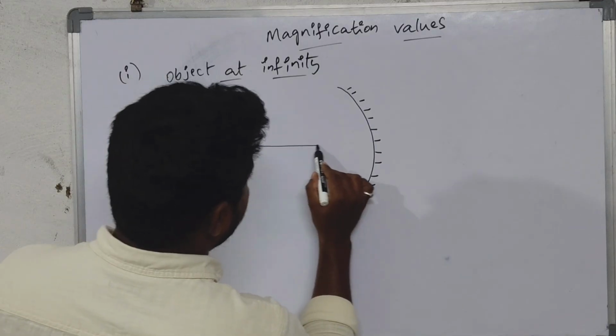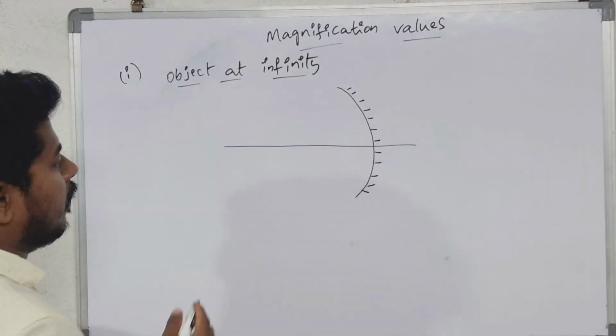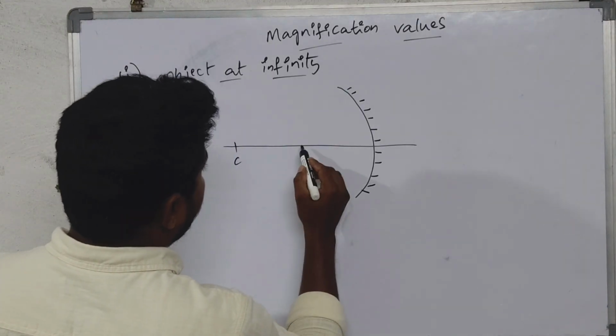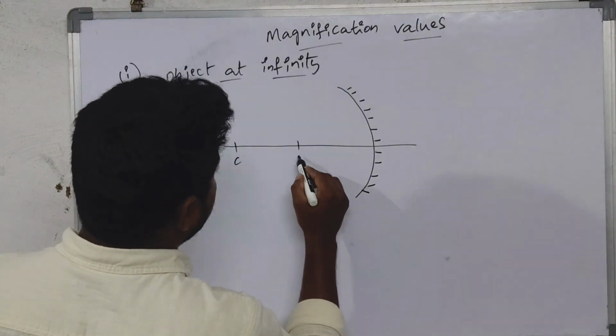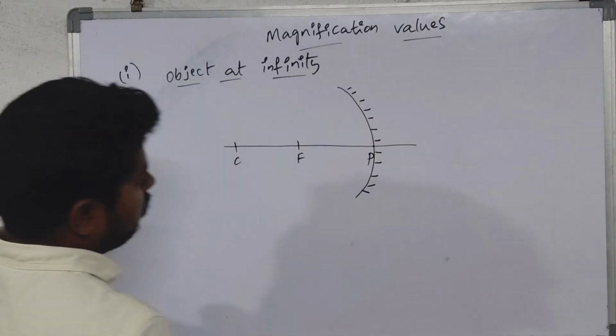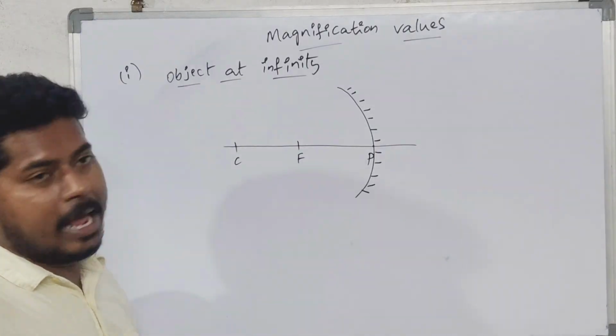Principal axis, which passes through the center of the mirror, and here is the center of curvature, the focus and the pole, which lie on the principal axis.